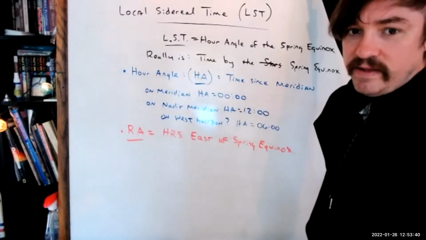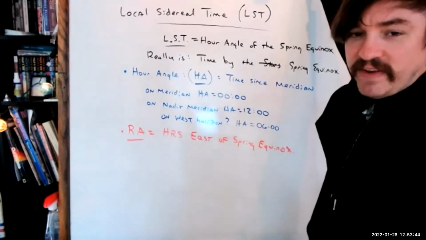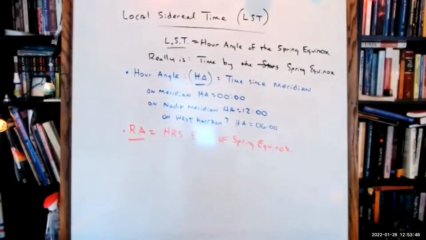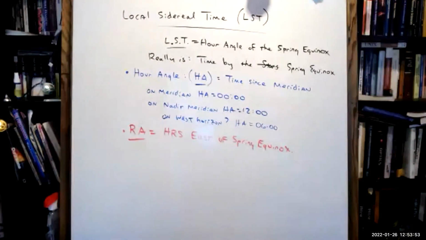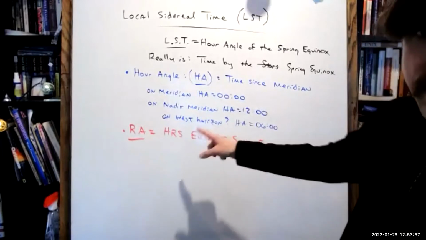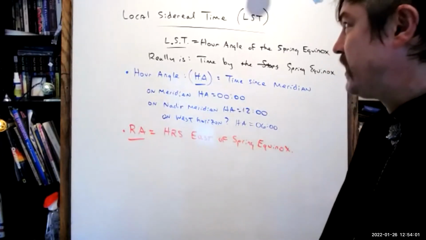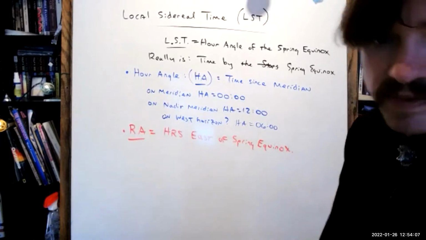I should not use red. The glare is coming from my computer, but if I turn the lights up, I think the contrast will get too far. Does that help or does that hurt? I guess that helps a little bit. Hours east of the spring equinox. I need to erase so I can draw a picture.